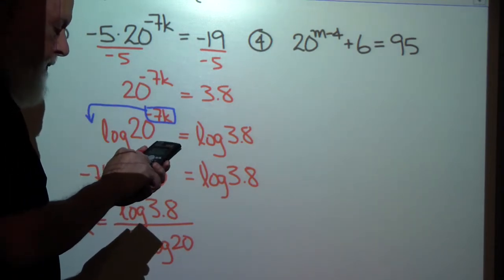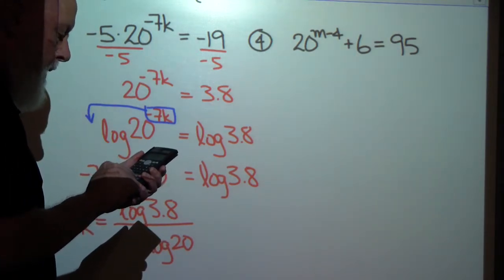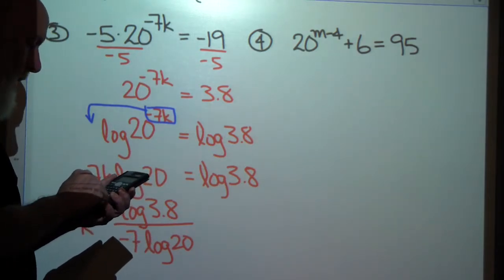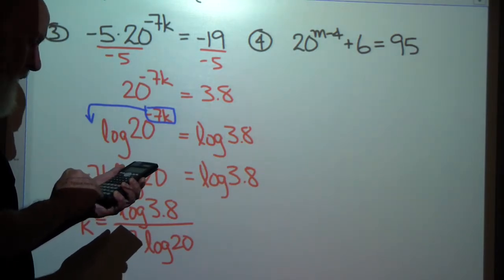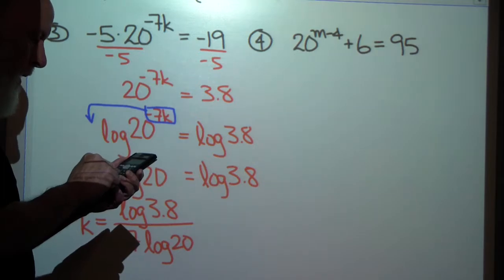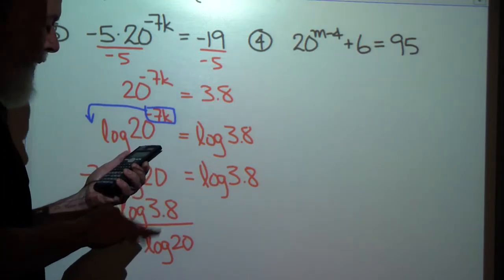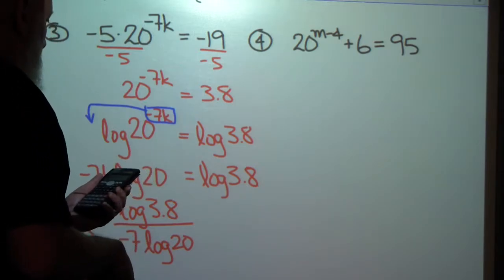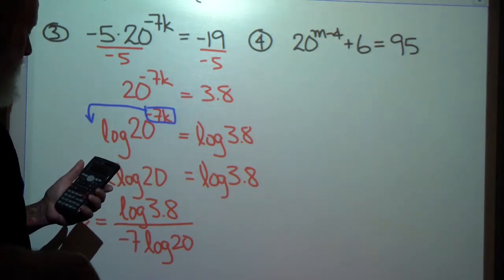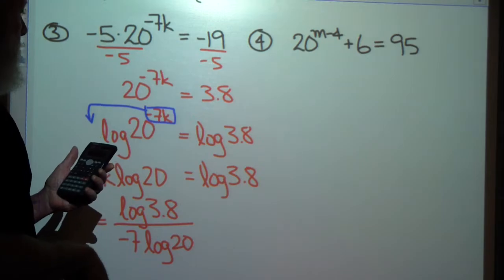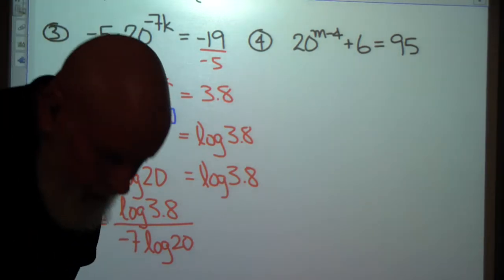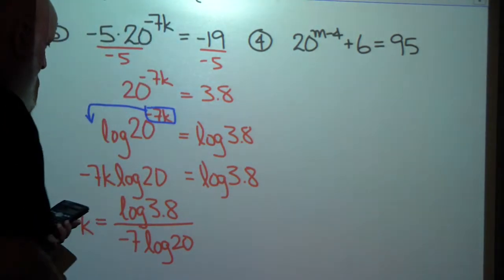So here we go. Let's take a look and see what we're going to get. Log 3.8 divided by parentheses -7 log 20 close parentheses equals, I get 0.006. Is that right? It is right. How about that?